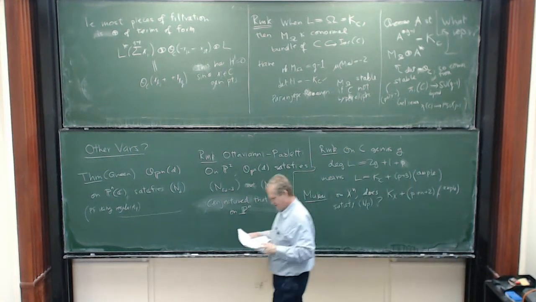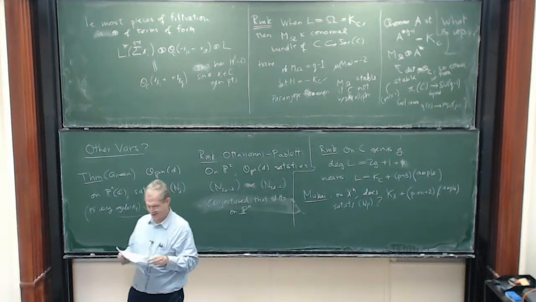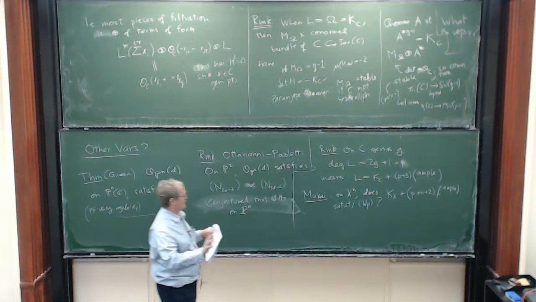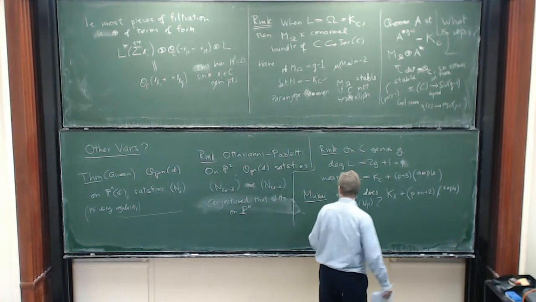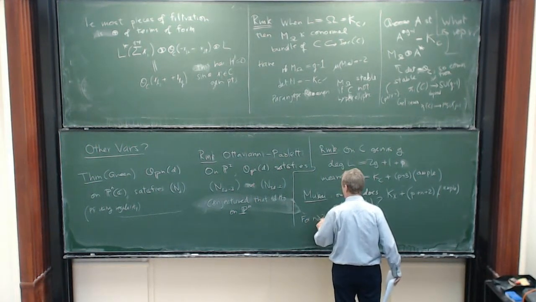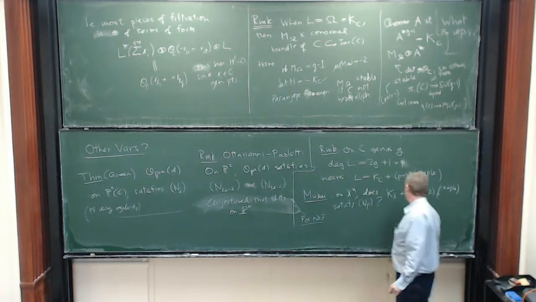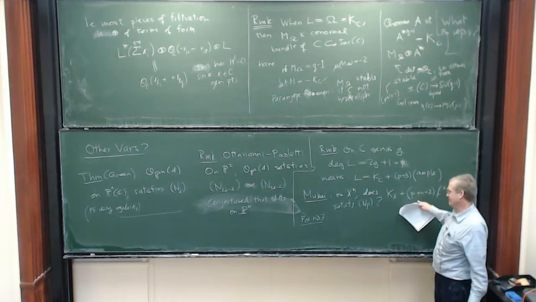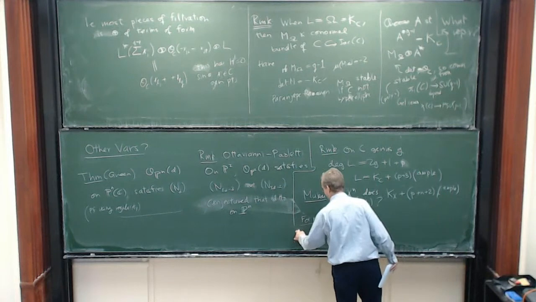Okay, so this would, of course, be the perfect generalization of Green's theorem. But this is completely out of reach. So for n greater or equal to 3, this is completely out of reach.